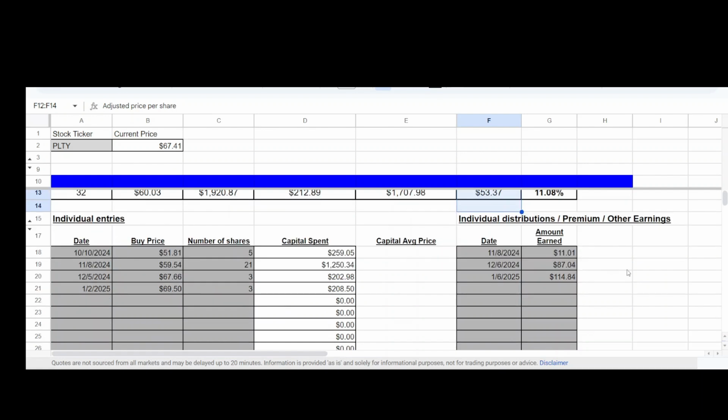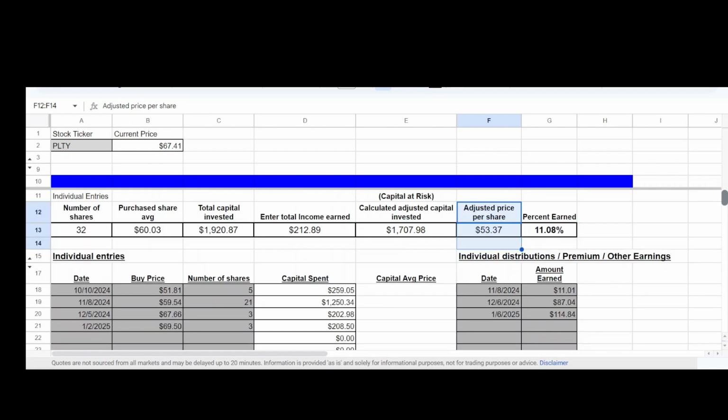Just to give you an example of what I mean, say hypothetically I buy at $50. So it drops below my 53 and it's at $50, and I buy another 10 shares. Now, watch that $53.37 for the adjusted price per share.